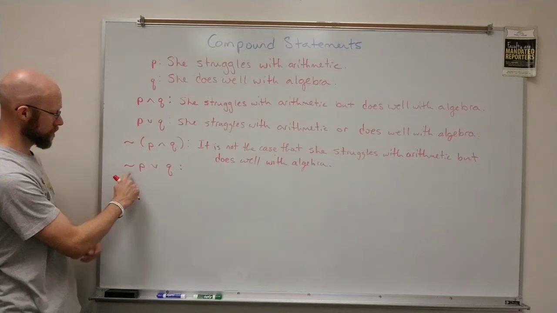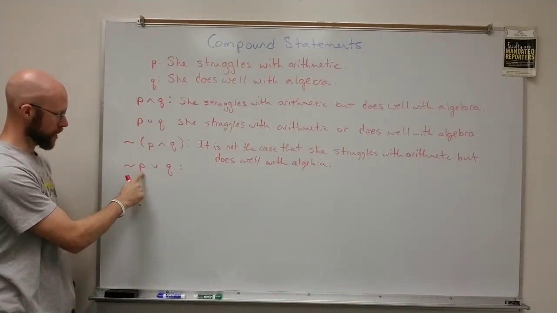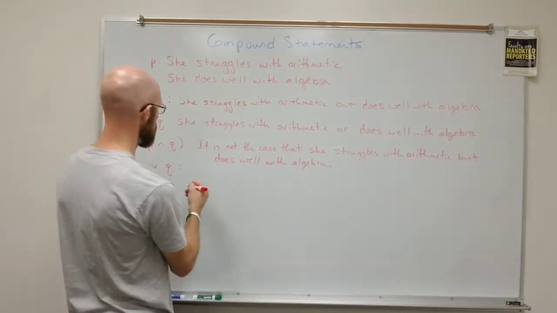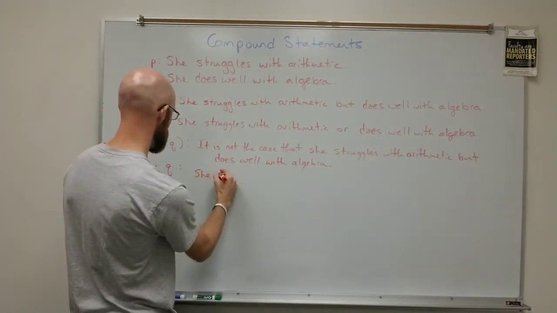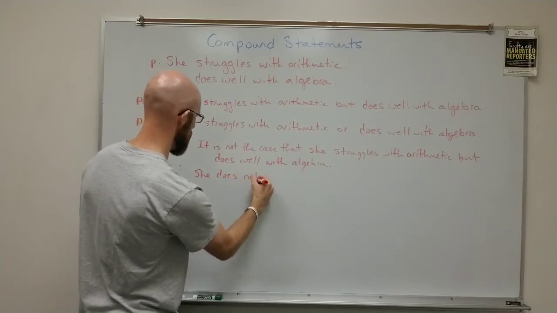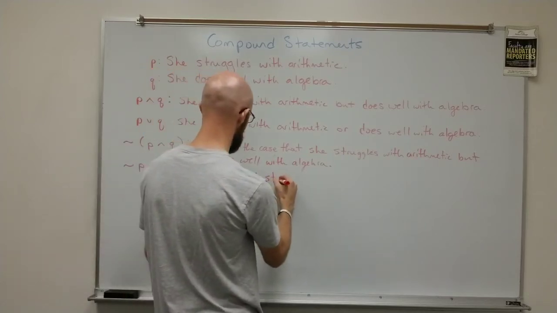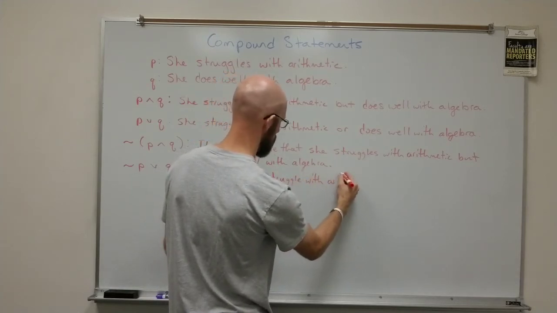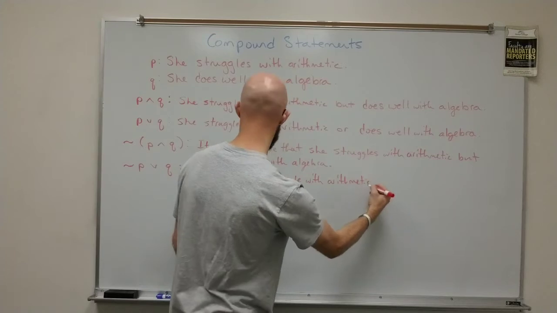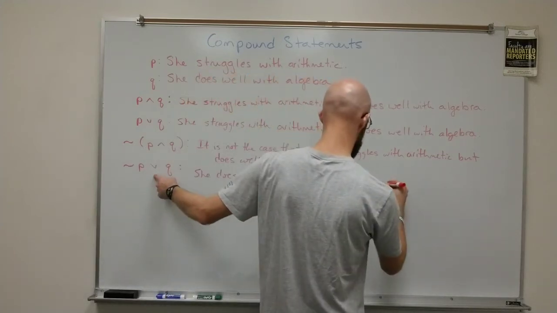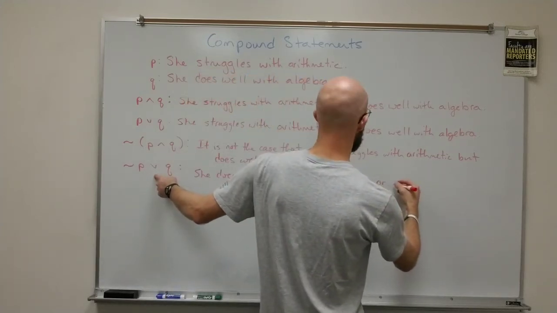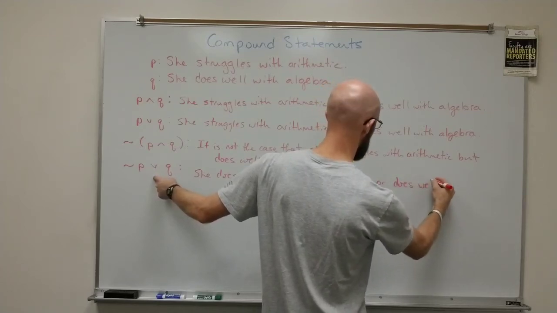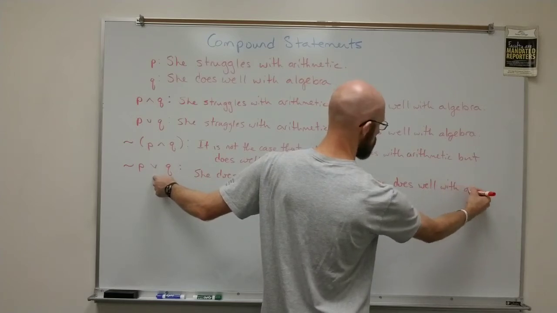So without the parentheses, we would imply that the negation just goes with the P. So I would say that she does not struggle with arithmetic or does well with algebra.